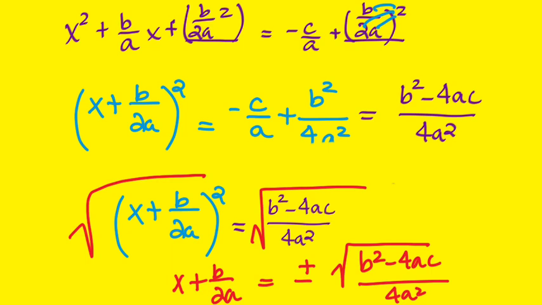And then when I look at 4a squared at the bottom, I can square root that, right? I can square root 4 and I can square root a squared. So I can simplify that to be 2a, but it's no longer in the root bar anymore.